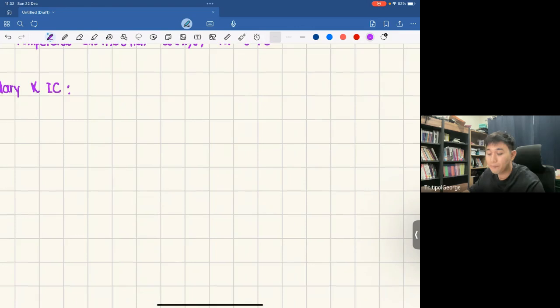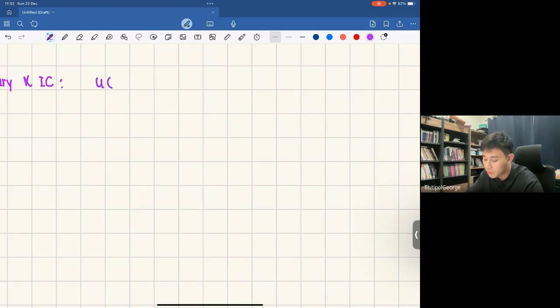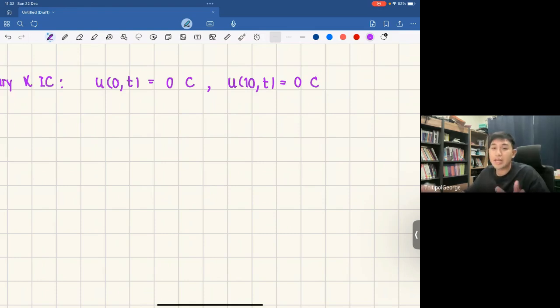The first one, we know that u(0,t), starting with x equal to 0, we start with 0 Celsius, and then at the other end of the rod, u(L,t), this is supposed to be also 0 Celsius. Or we can say that both ends of the rod are kept at 0 degrees Celsius.